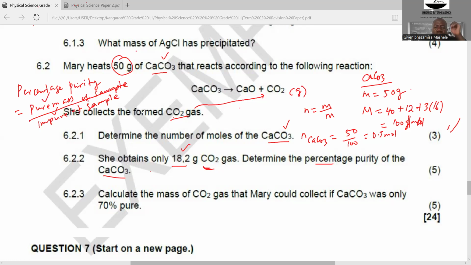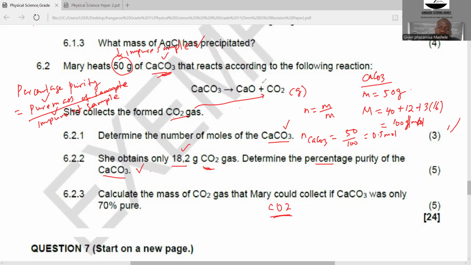So now, since we want to know the percentage purity of calcium carbonate, it means this 50 grams is actually our impure sample. So we have to calculate the pure mass of this calcium carbonate. To do that, we look at what we are given. We are given the information for carbon dioxide.